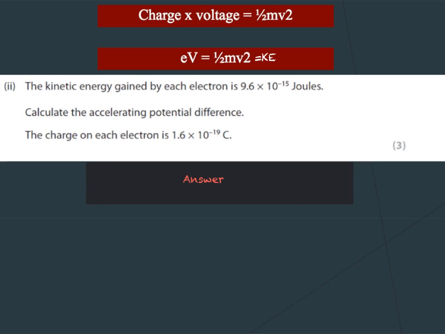I want you to pause the video and attempt to calculate this question. In this question, you are looking for the overall accelerating potential difference, so the voltage, so the answer is 60,000 volts.